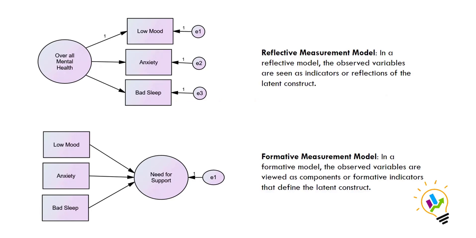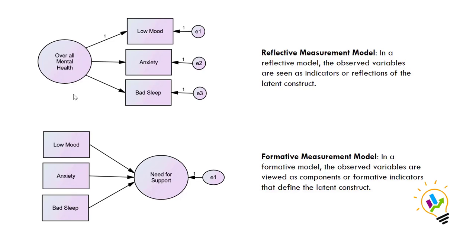There are two types of measurement models. One is a reflective measurement model, the other one is a formative measurement model. The first one is a reflective model, in which the observed variables are seen as indicators or reflections of the latent constructs.